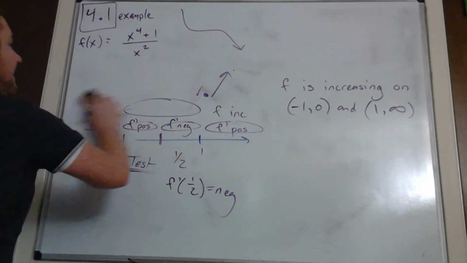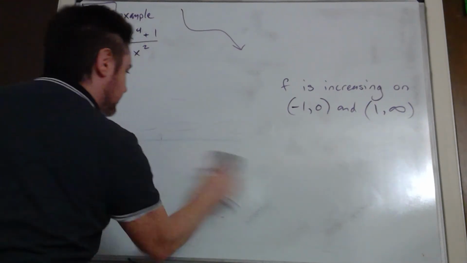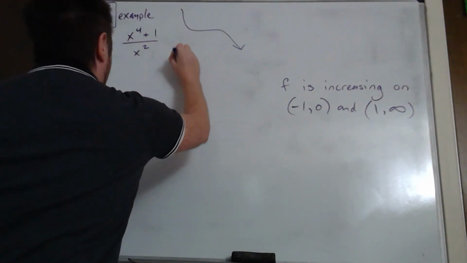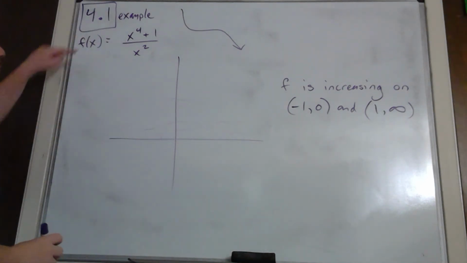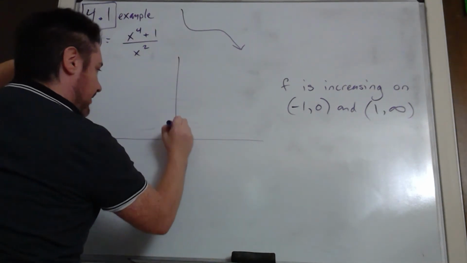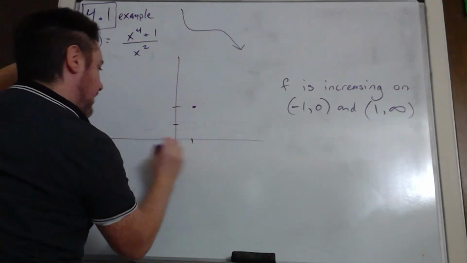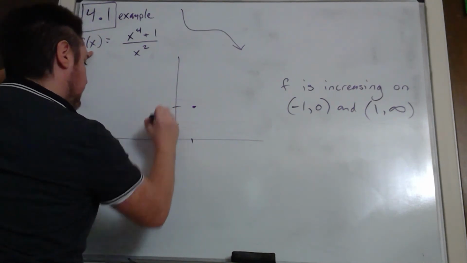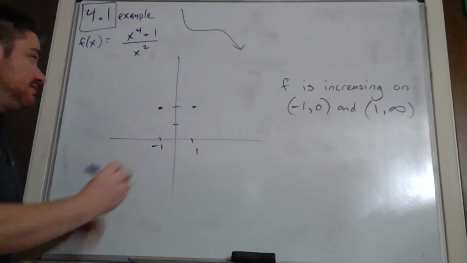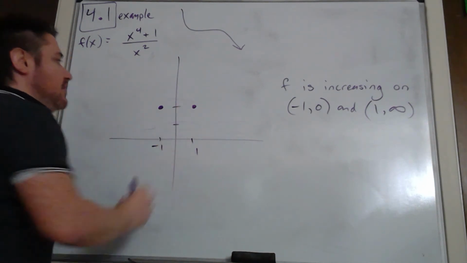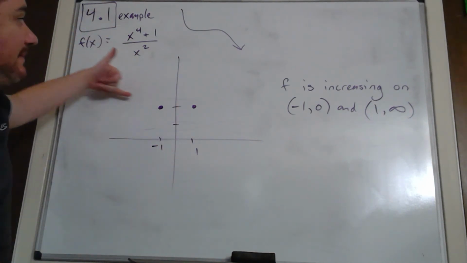So last but not least, let me just do a real rough sketch of this graph. What did we find? We found that 1, 2 was a function value, and we found -1, 2 were function values, right? So we've got those two function values right there. The graph was decreasing to a minimum and then increasing.